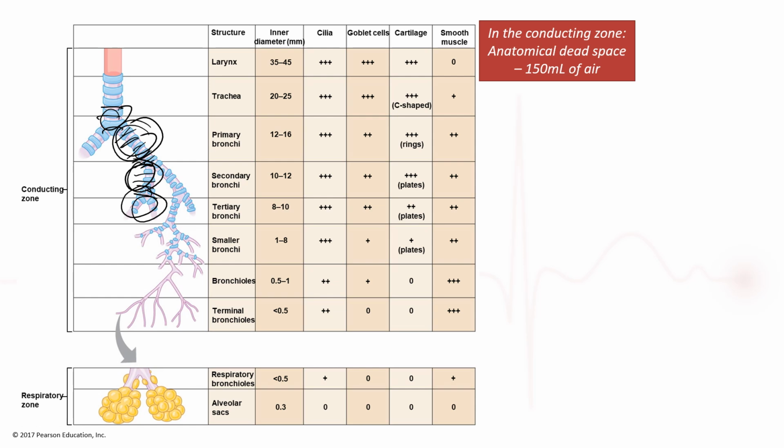And you'll also notice if you look over here, it says cartilage. There's lots of cartilage within the primary, secondary, and to some degree tertiary bronchi, and there's very little smooth muscle. There's some, but there's not that much. The tubes of the lungs are lined with smooth muscle, just like our blood vessels are. There's a layer of smooth muscle within these tubes, and that smooth muscle can contract and relax. It does the exact same thing to these tubes within the lungs that it does to blood vessels.